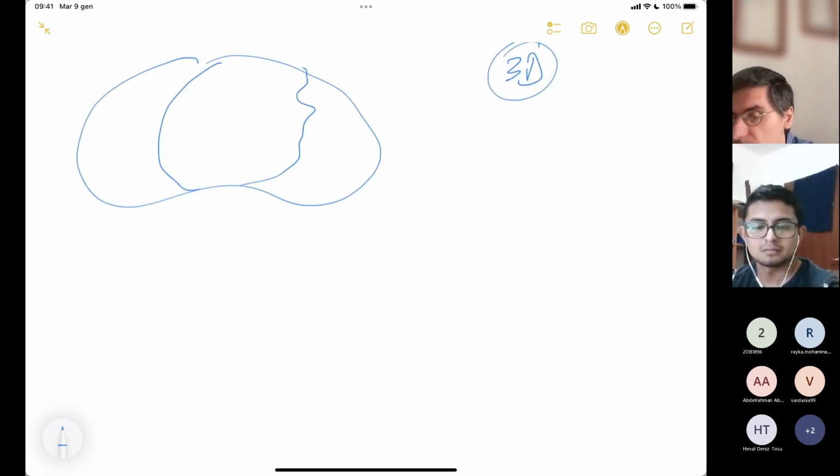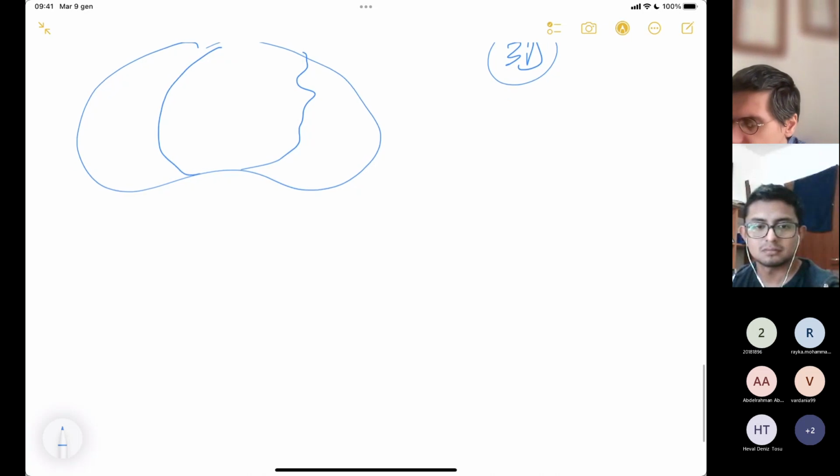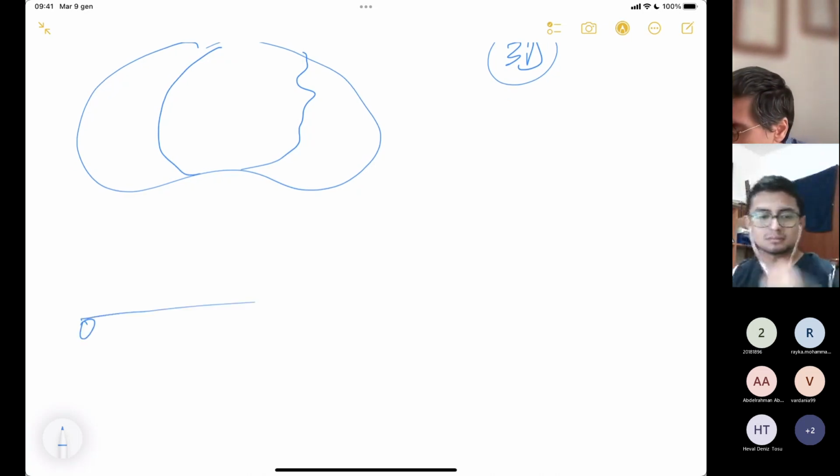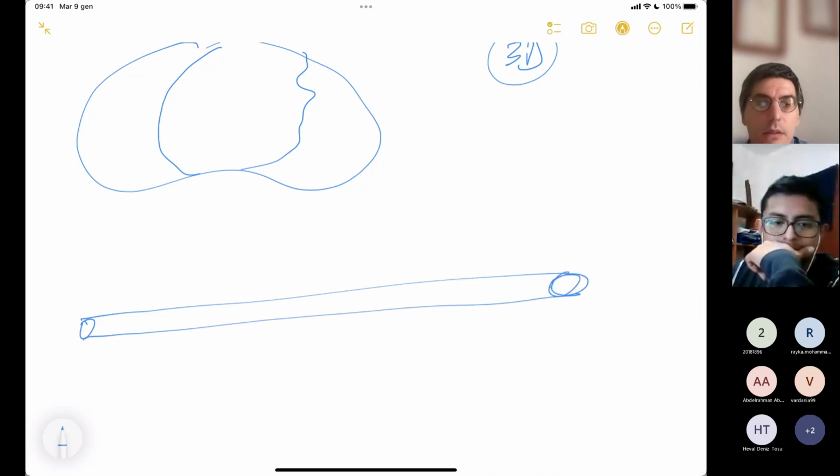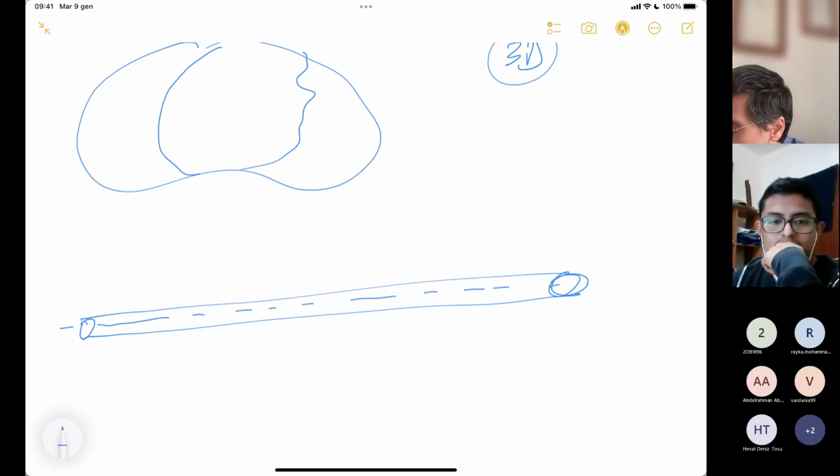And we will see how to build this kind of model. But you understand that, for example, in the case of a beam, you have a real object can be like this. So you see, there is clearly something like an axis.